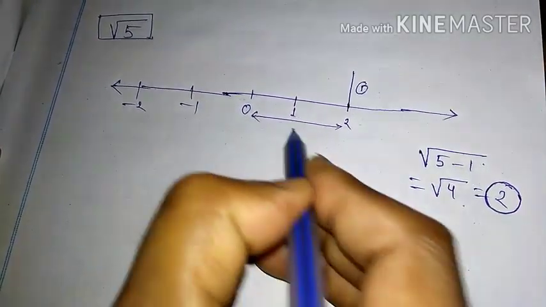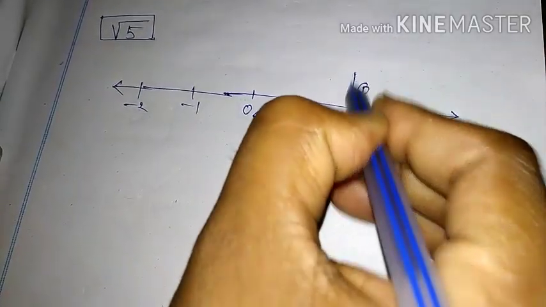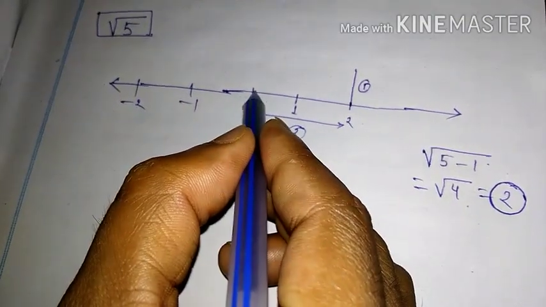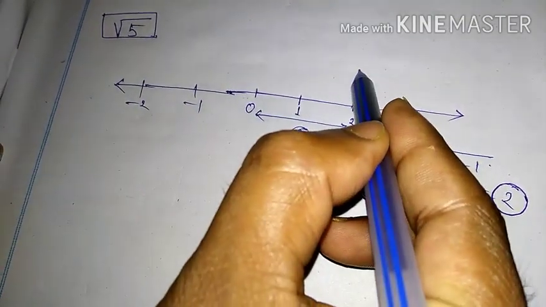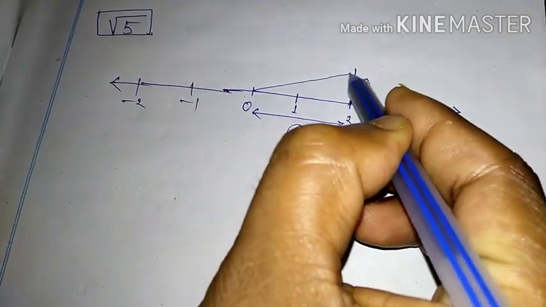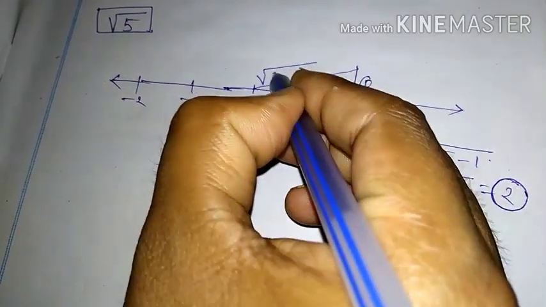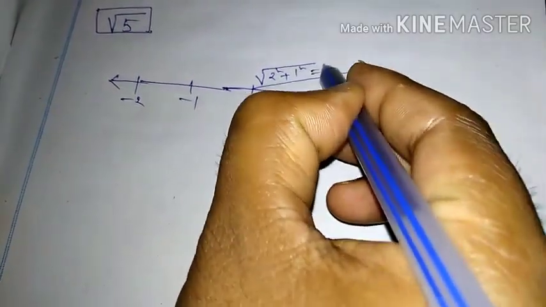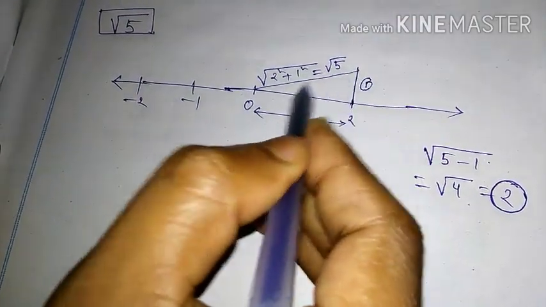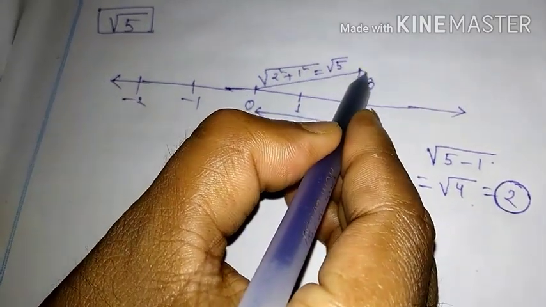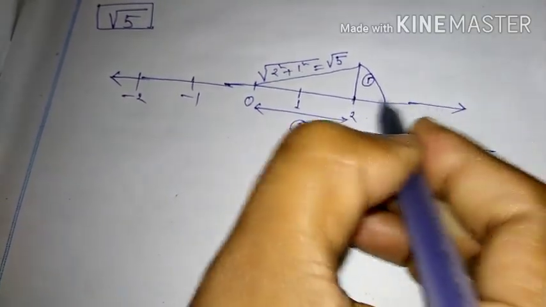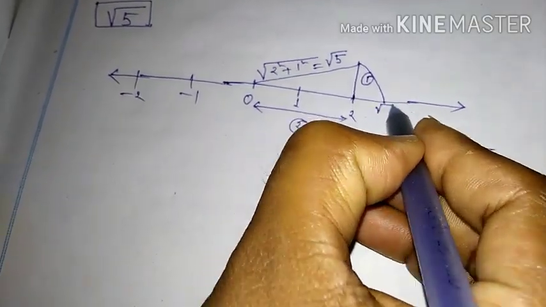The base is 2 units and the height is 1 unit. Draw the hypotenuse. Its length is root of 2 square plus 1 square, which is root 5. Again taking this hypotenuse as radius, draw an arc that touches the initial number line at this point, and this is root 5.